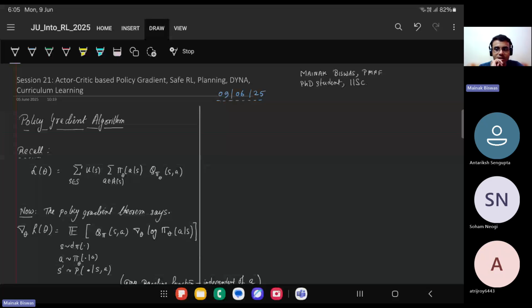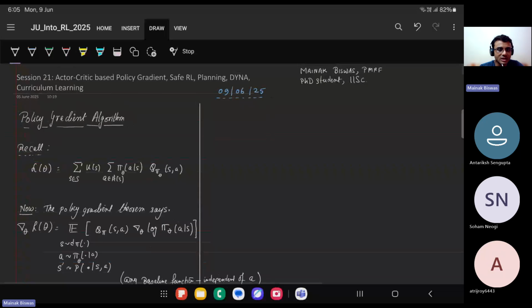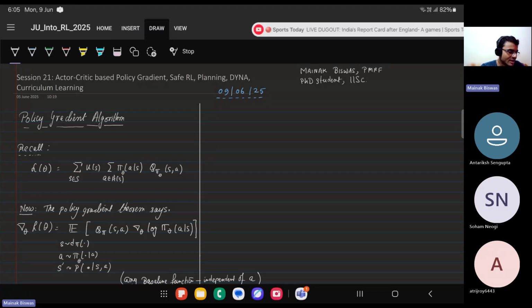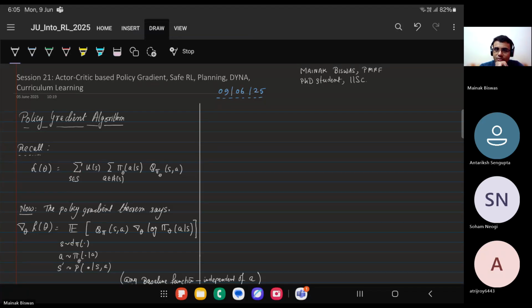Today, I'll be showing some modern trends in RL, mostly how you can do safe RL, that is, taking actions in an environment where you can guarantee safety, so that when you deploy a robot, it does not break while trying to learn from the environment. We'll try to do planning, and we'll do what is called curriculum learning. These are the two things we'll try to do. So let's get started.